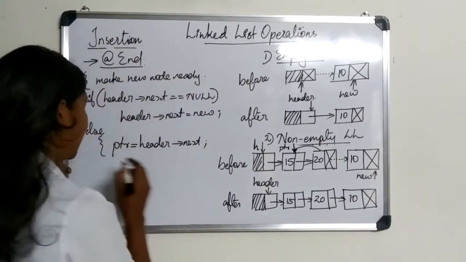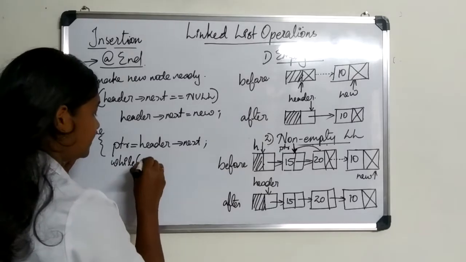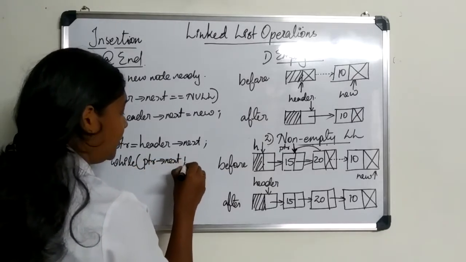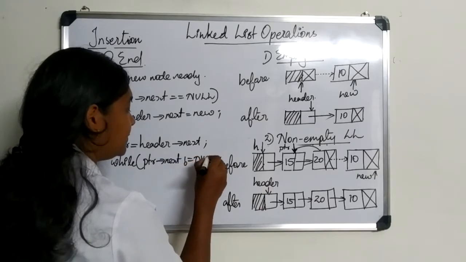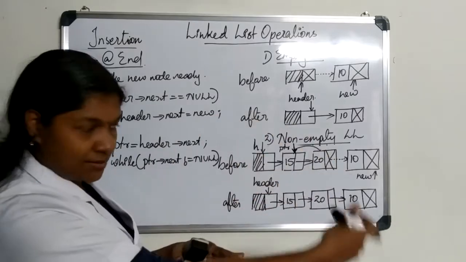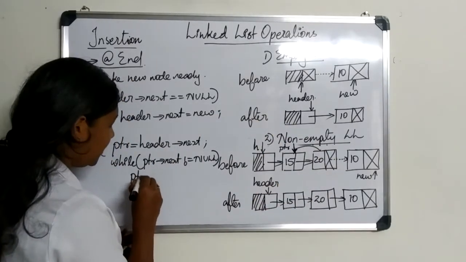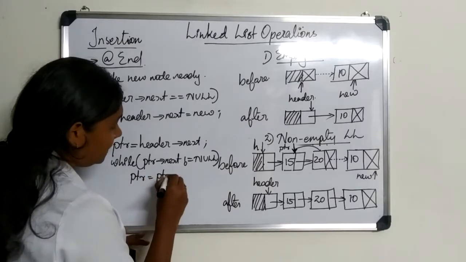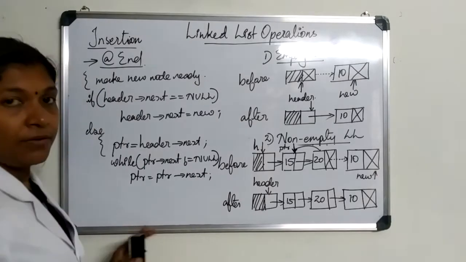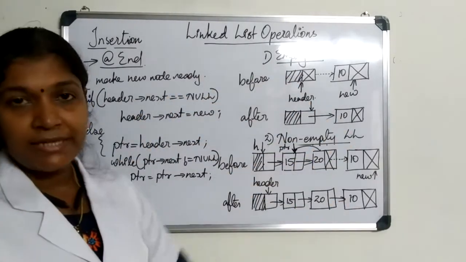For that, I am applying a loop: while PTR.next not equal to null, PTR is equal to PTR.next. So this loop will work until we reach the last node.